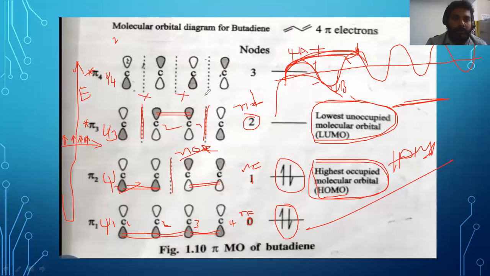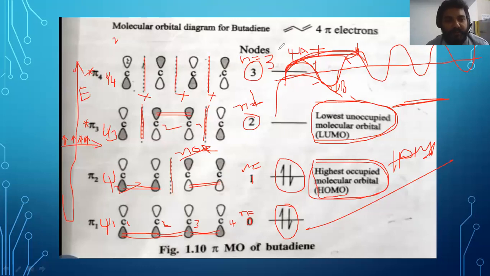No bond means a possibility of a node between lobes. Very interesting. How many nodes are there? n is equal to 3.